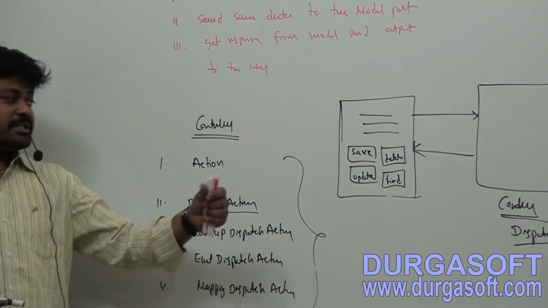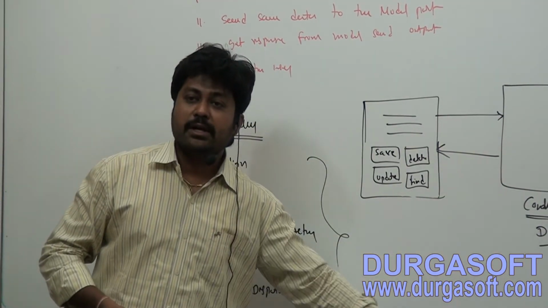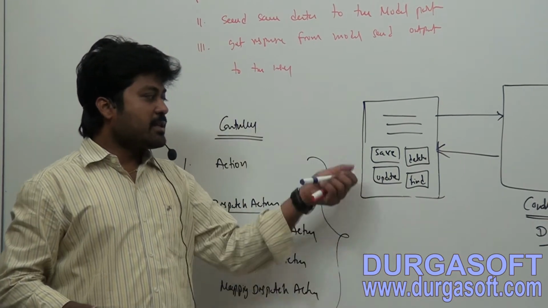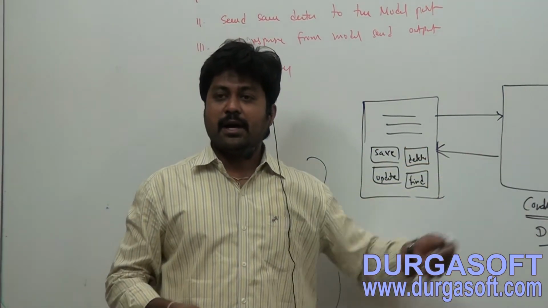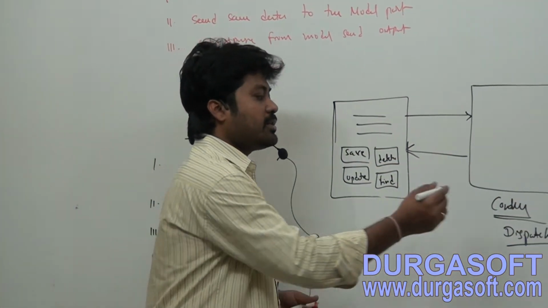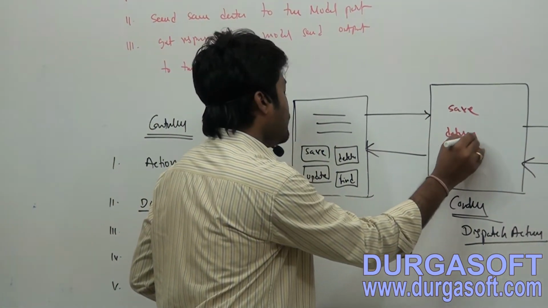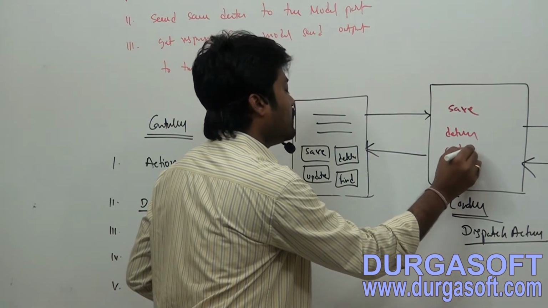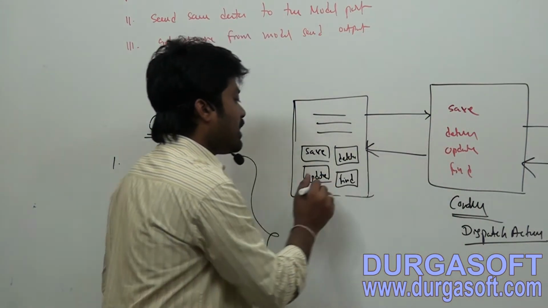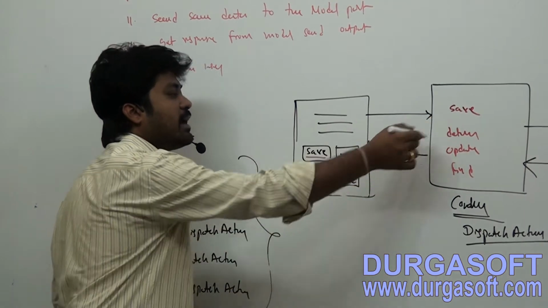But in the case of the DispatchAction class, it is not possible to achieve internationalization. The reason is the same submit button values we have to use as methods. The controller class methods we should maintain using submit button values: save, delete, update, find.